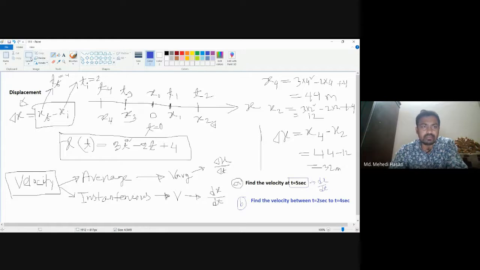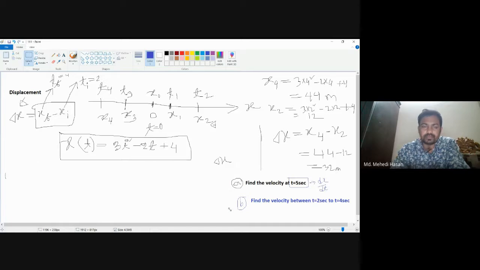Then if we solve that equation, the instantaneous velocity v equals dx by dt. This is equal to d/dt. If we put the value of x here, this is 3t square minus 2t plus 4.